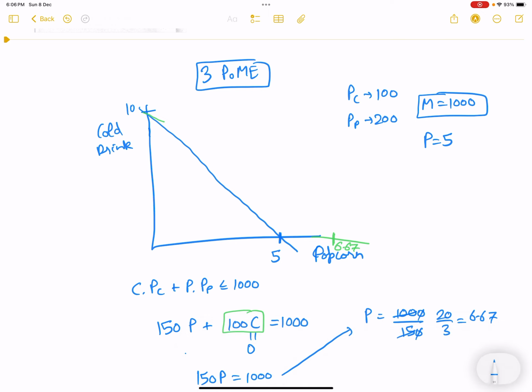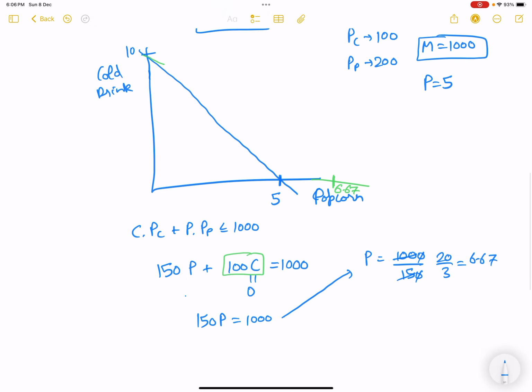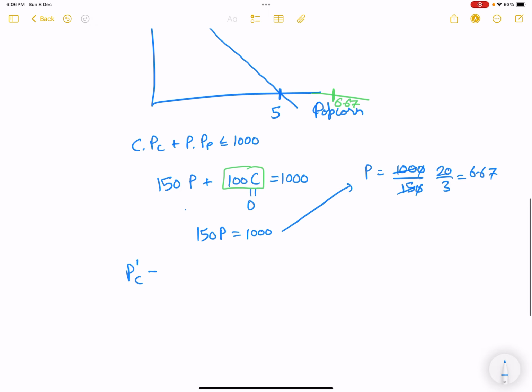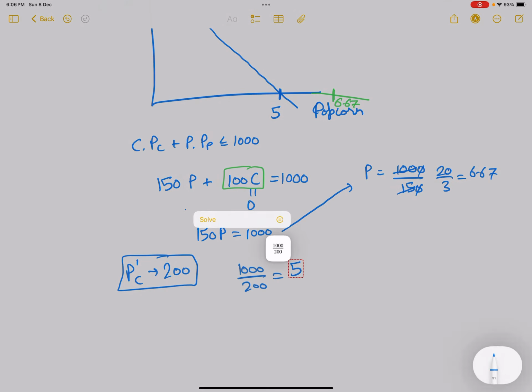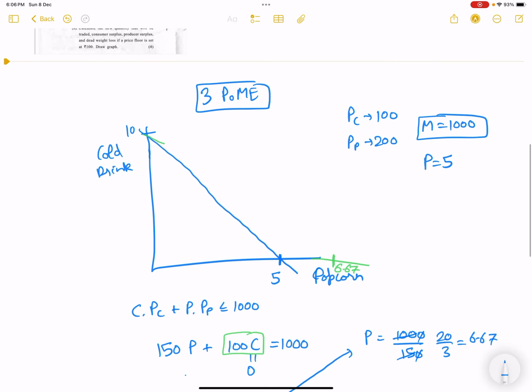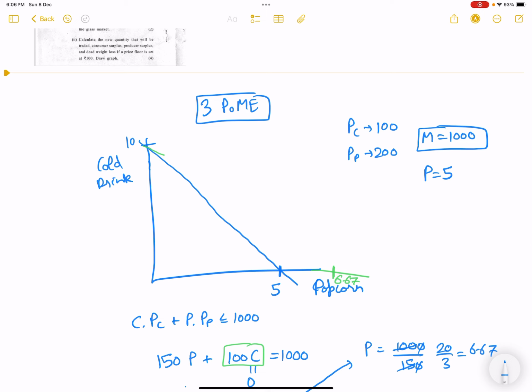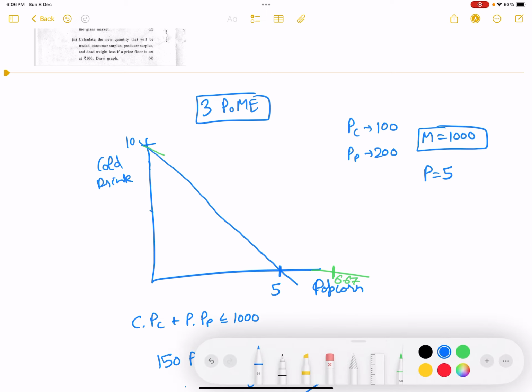If price of cold drink doubled, this means price of cold drink now is 200. And if you spend everything on cold drink, the consumption of cold drink would be 1000 by 200. So this would be 5. Now you can have a maximum of 5 cold drinks with the given income. So the budget line would shift in this manner.